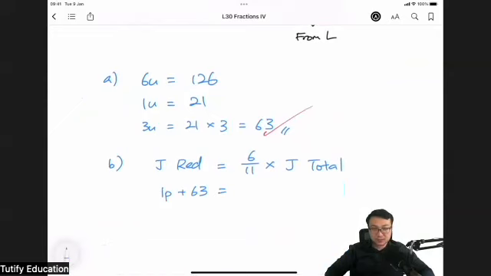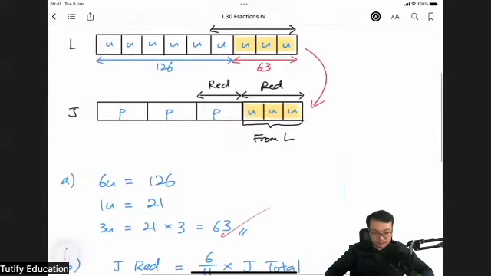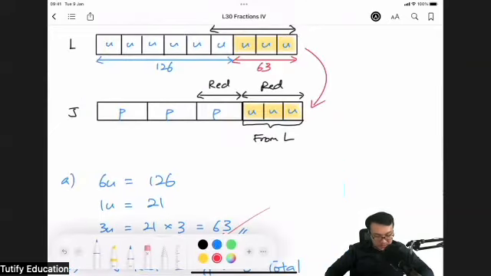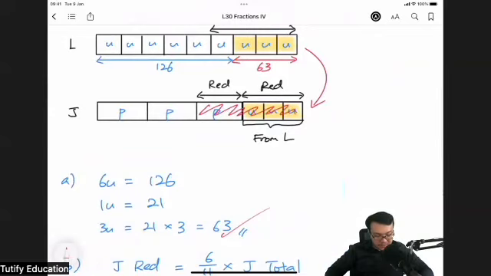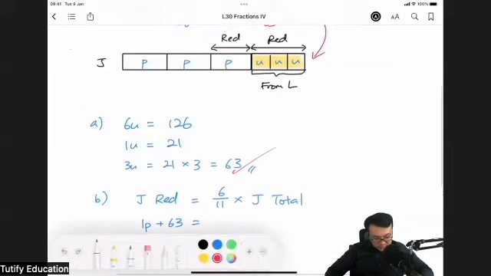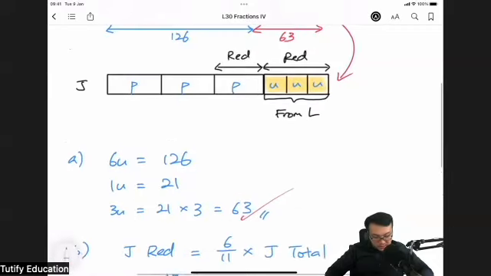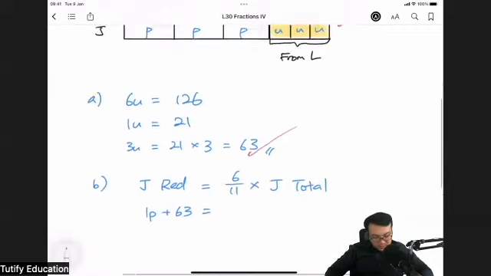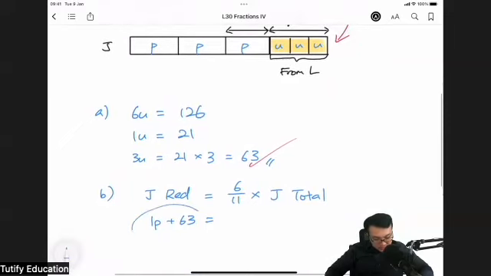Agree? Do you agree that these are all the red color marbles, 1 part plus 63, yes? Okay, good. Now you tell me how many total marbles. These red marbles equal 6 out of 11 of the total.